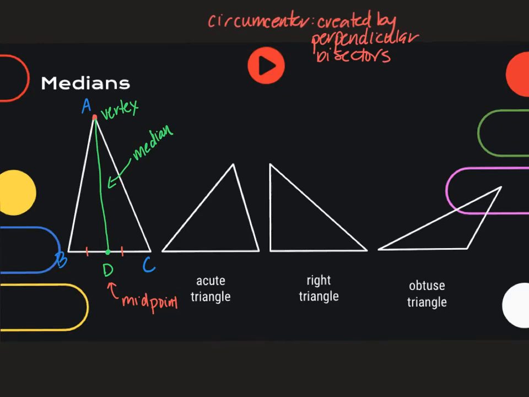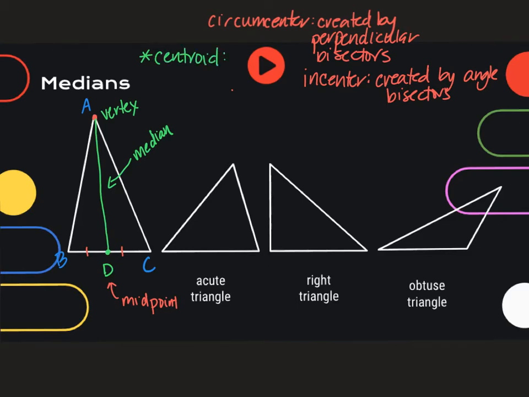Then we talked about the incenter, which was created by intersecting angle bisectors. So what we're going to talk about today is the centroid. And the centroid is created by intersecting medians.